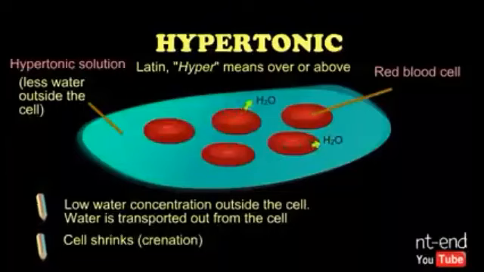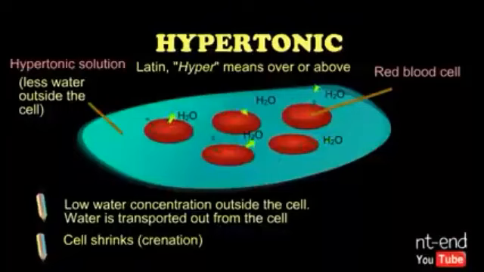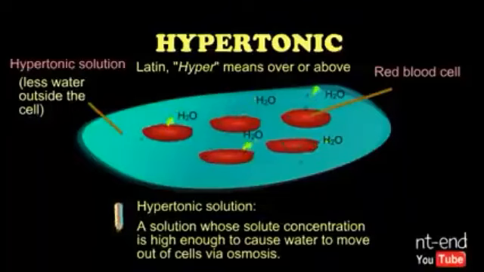Similarly, the grapes, when we put them in sugar solution, the water which is inside the grapes will come out. This type of solution, higher concentration of solution, is called hypertonic solution.